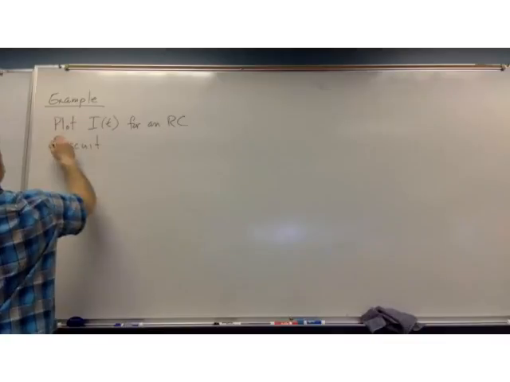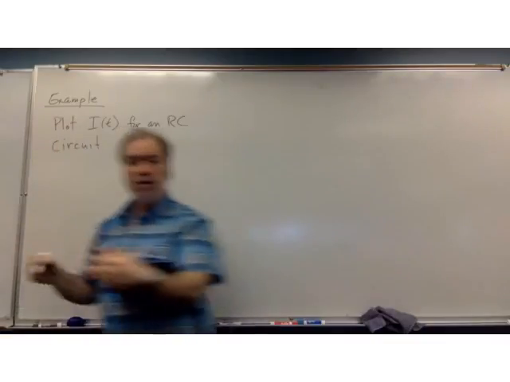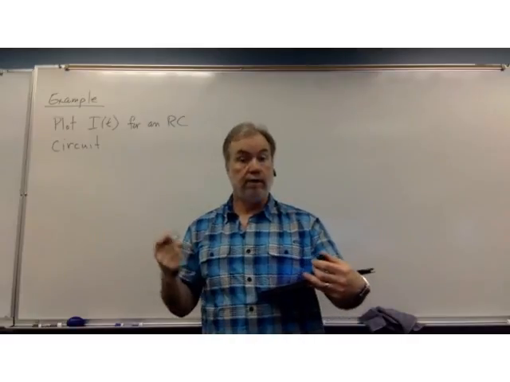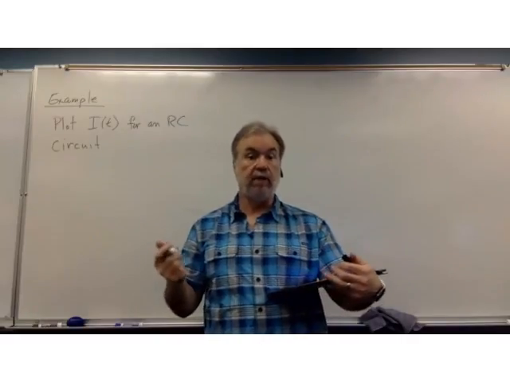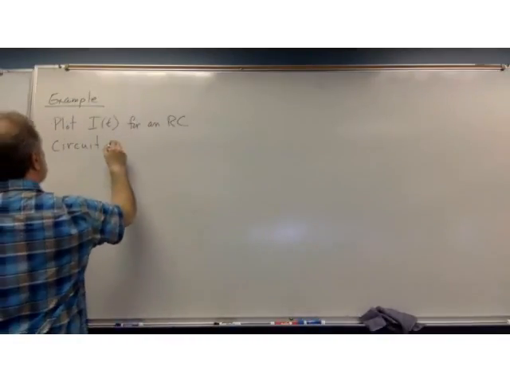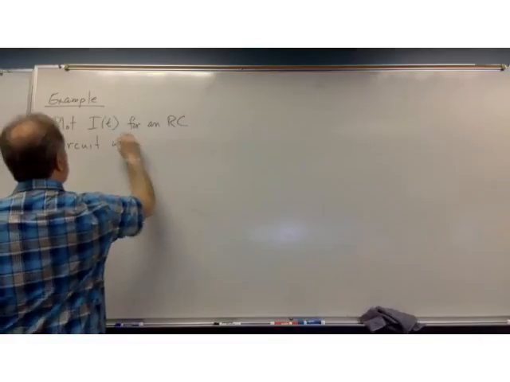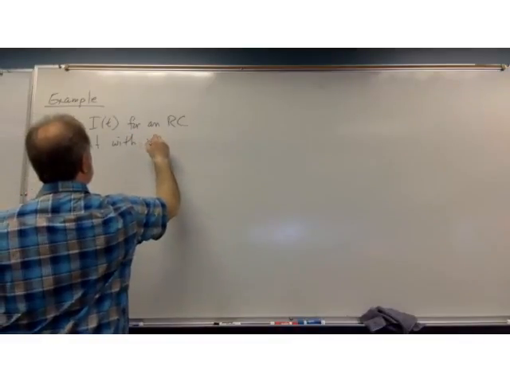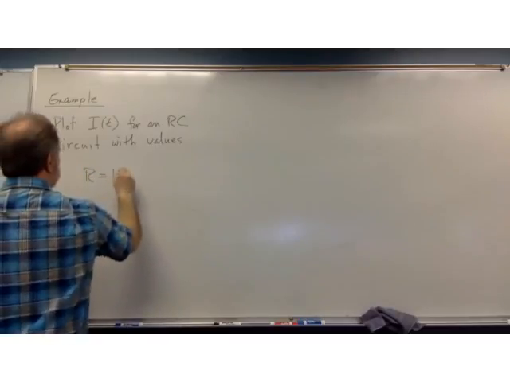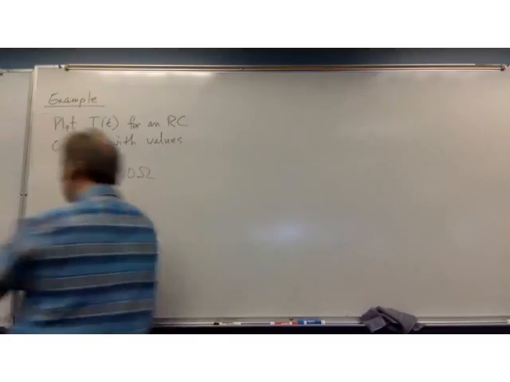This circuit is known reasonably enough as an RC circuit, resistor capacitor circuit. No potential here, no V or EMF, because we took the battery out of the circuit. Okay, and so suppose our values are, we have a resistor that's 100 ohms.